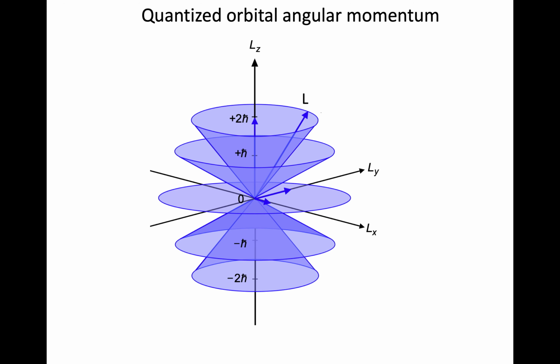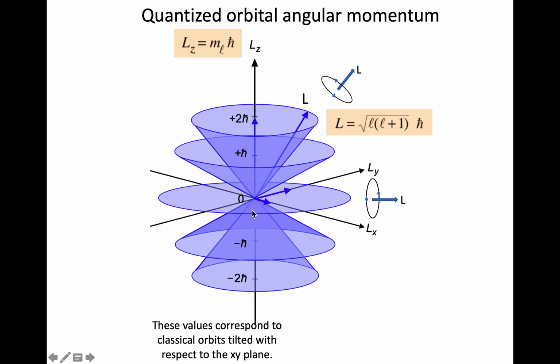So our description then of quantized orbital angular momentum, we see figures like this. There's a lot going on here, so let's step through what this is telling us. First of all, in each case, we have a projection that corresponds to the L value. This would be the allowed values for that. And then we have where it matches up back to the z-axis. This one right here would be as if this was the particle in this orbit.